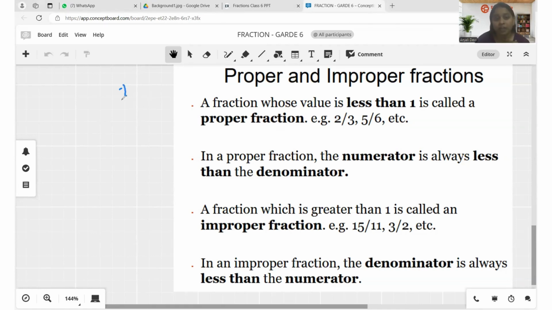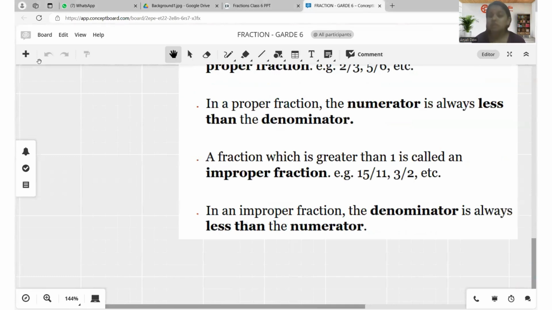So if we write 1 by 2, your denominator 2 is bigger than your numerator 1. That is what proper fractions are. When we talk about improper fractions, the denominator is always going to be smaller and the numerator is always going to be bigger.